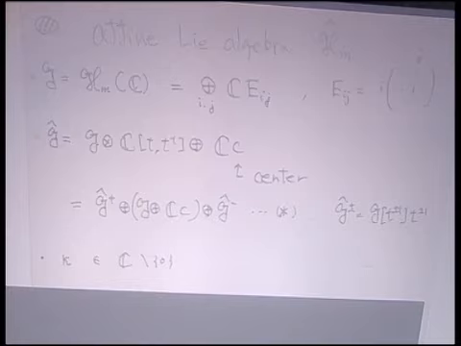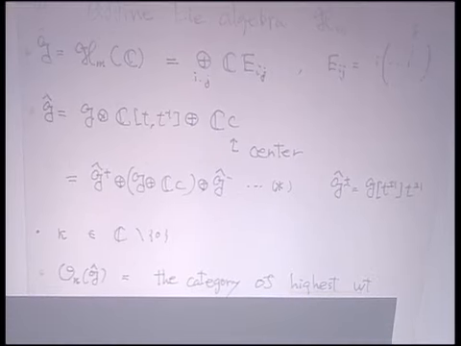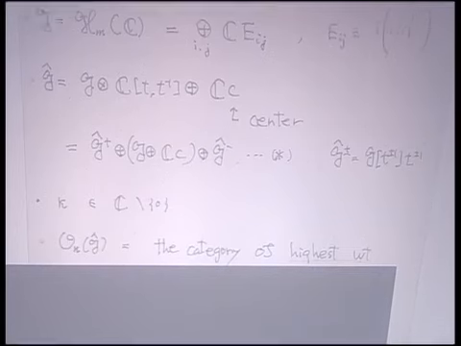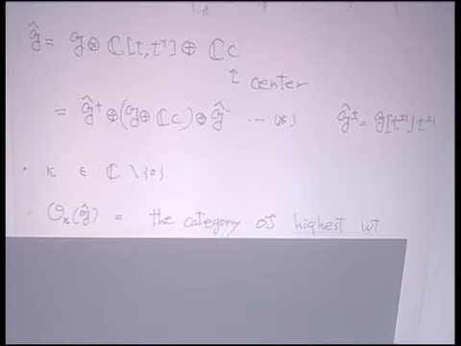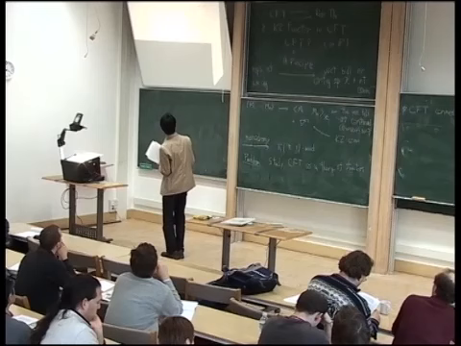And for kappa a non-zero number, we define the category of ĝ-modules. That is the category of highest weight modules of level kappa minus N. So level kappa minus N means that C acts as the scalar kappa minus N. So in other words, kappa is the level plus the dual Coxeter number.